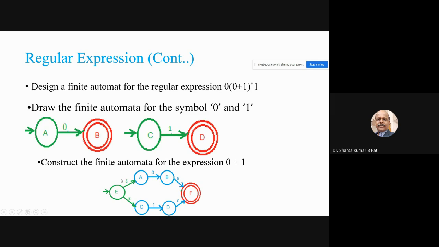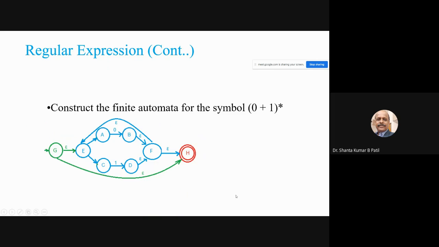Introduce two more new states, one acting like the initial state and the other acting like the final state. So this E is no more the initial state and F is no more the final state. This is the finite automata for 0 plus 1 star.